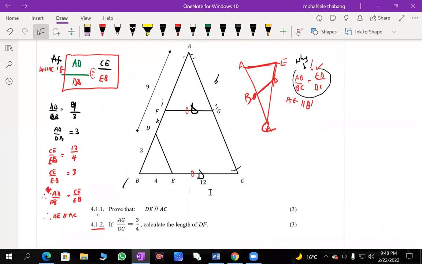This is only applicable if the lines are parallel. Again, whatever the message, whether FG is parallel or whatever, you can't apply the theorem unless the lines are parallel.